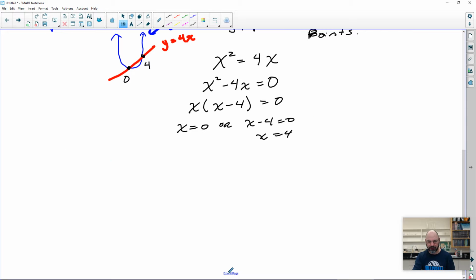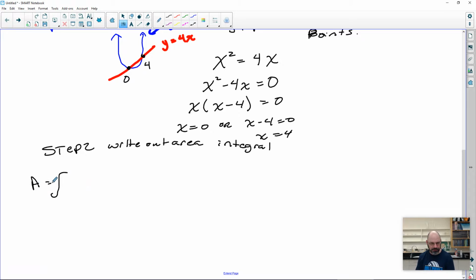So now in step 2, we are going to write out the area integral. Okay, so that would mean that we want the area, which is going to equal the integral from 4 to 0 of f, the top limit.